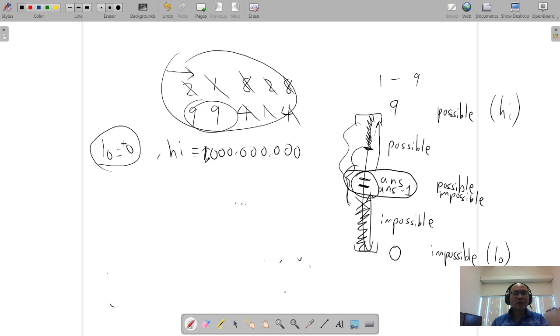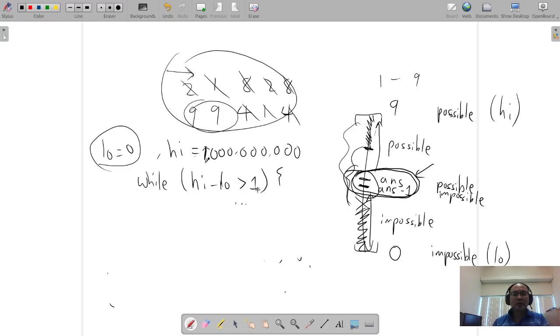So you just check if 0 is possible at the beginning. If it's possible, that's the answer. Otherwise, you go into the binary search. While high minus low is greater than 1, right? You want high and low to basically squeeze together so that they are next to each other, okay?